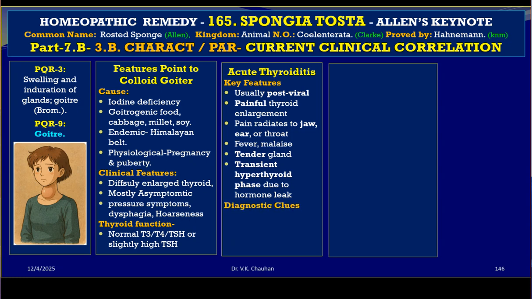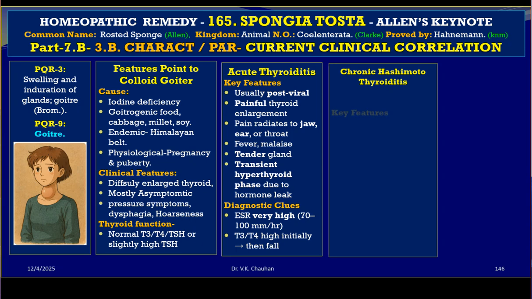So what are the diagnostic clues? ESR is very high and T3, T4 is high initially, but then as the disease subsides, they will fall down to normal. So it is an acute condition. Now, there can be a chronic condition which we generally know as Hashimoto thyroiditis.